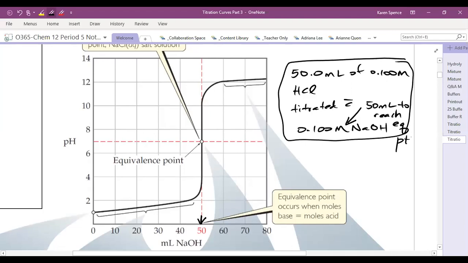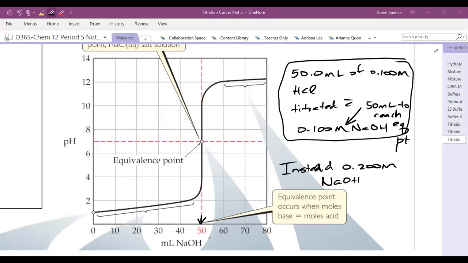What volume would it take to reach the equivalence point if instead we now had 0.200 molar NaOH? See if you can figure that one out.